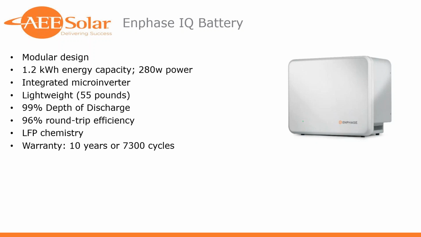Each of these units has a 1.2 kilowatt hour rating, 280 watt power, and an integrated microinverter using the updated IQ architecture. Really lightweight. I don't have the dimensions up here, but they're roughly 18 by 24.